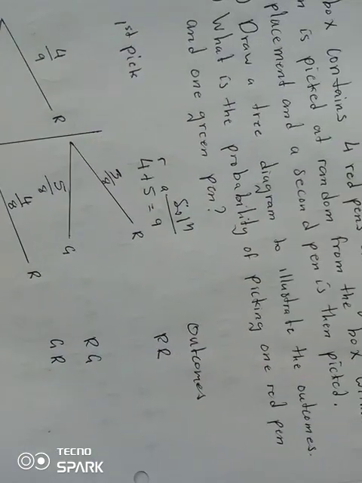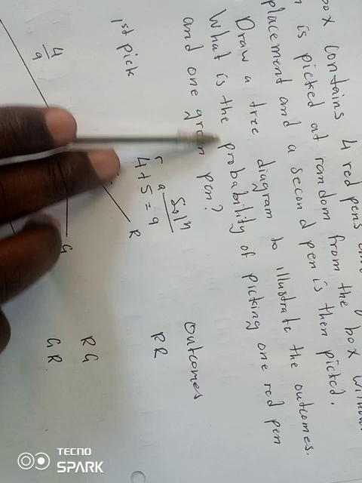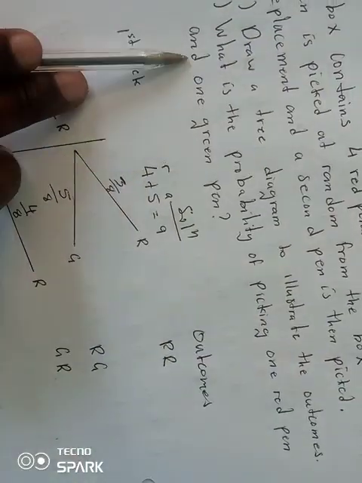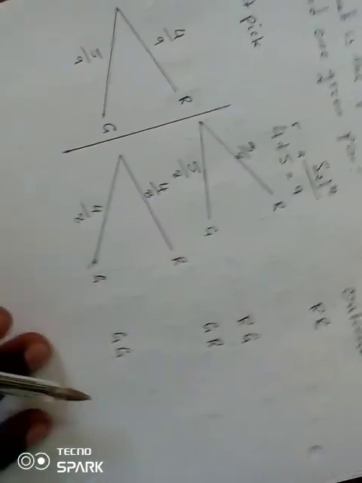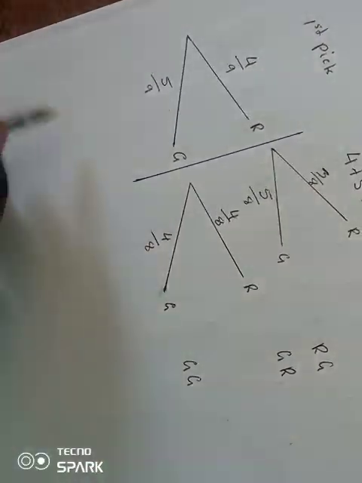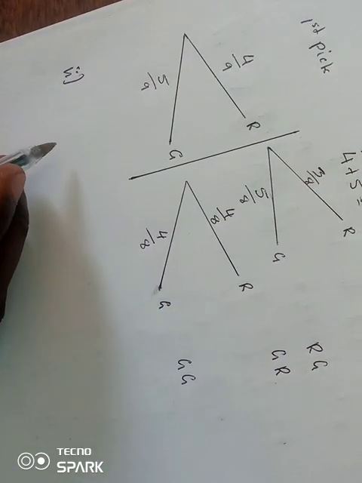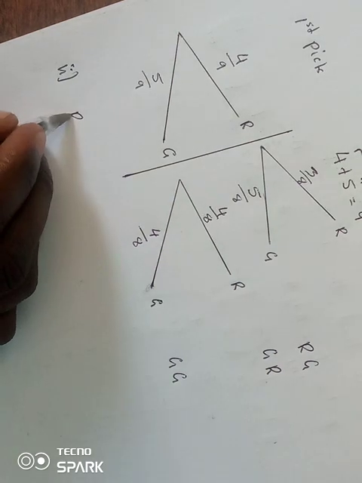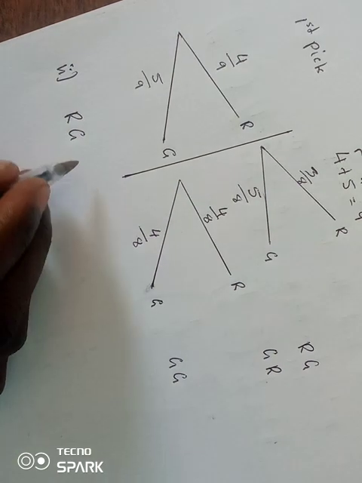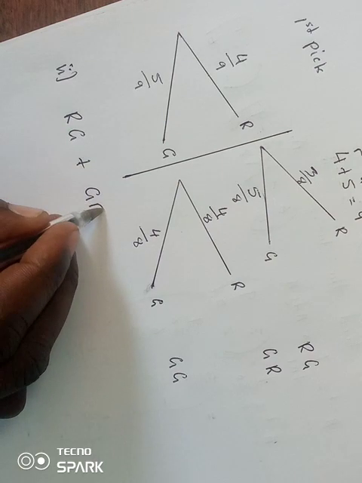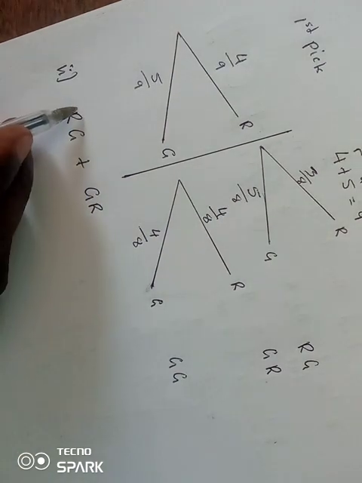The second question says, what is the probability of picking one red pen and one green pen? Okay, so that is what the question is asking. So the probability of picking red plus the probability of picking green.